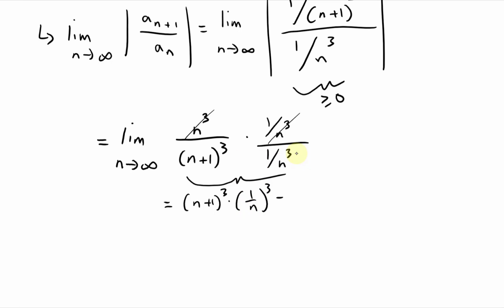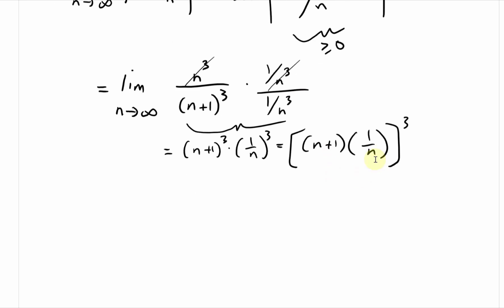Now we can combine the cubes, so we have n plus 1 times 1 over n, and then put the cubed outside. So now we have this, and we can multiply that inside.